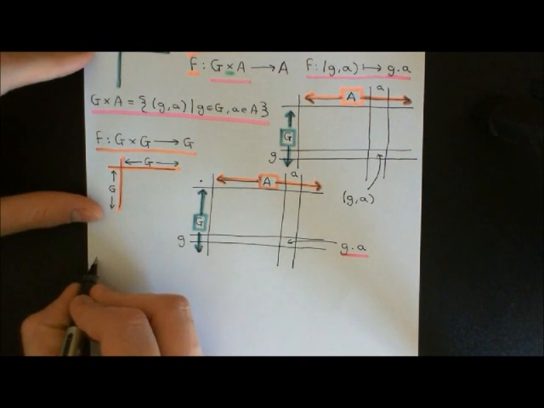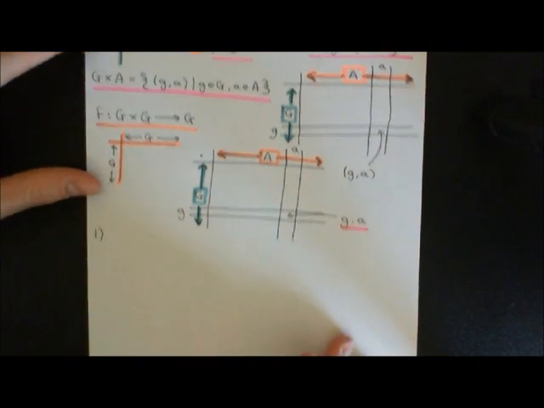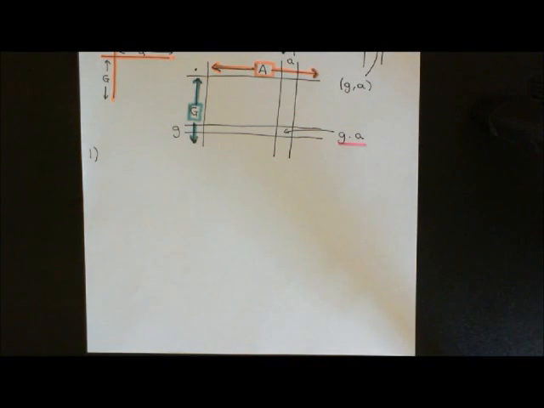Okay, so the properties then that this composition table needs to obey. Property number one is really, really important. In fact, both of these properties are really, really important.